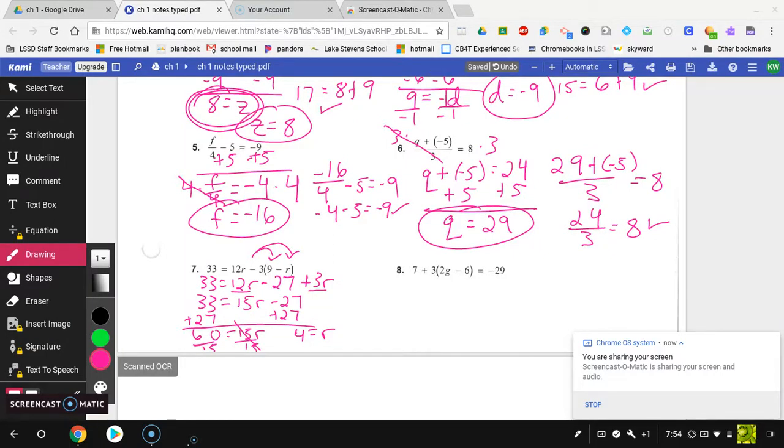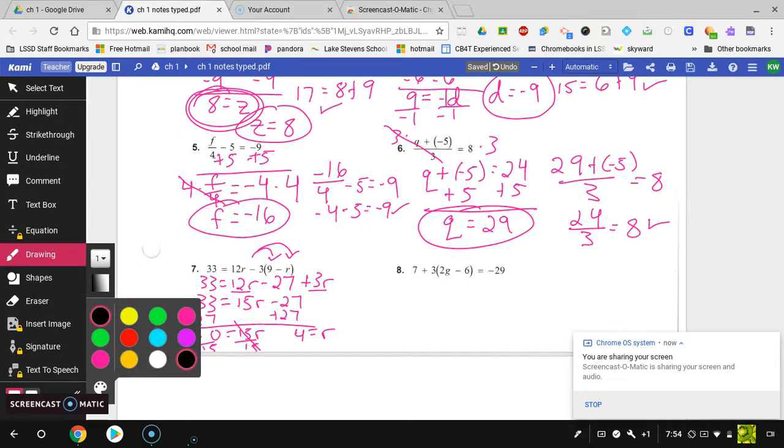Okay, again, we can go back and plug our answer in, but this time we actually have to plug our answer into the r here and to here to make sure that it does in fact work. So I am left with 33 is equal to 12 times my 4 minus 3 times 9 minus 4.